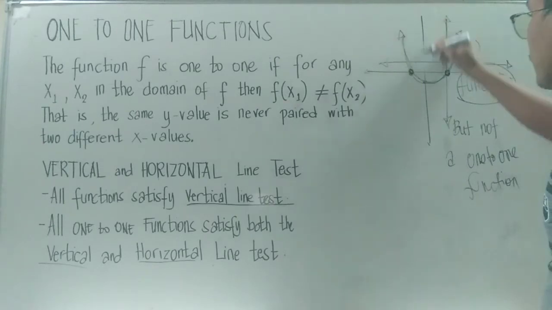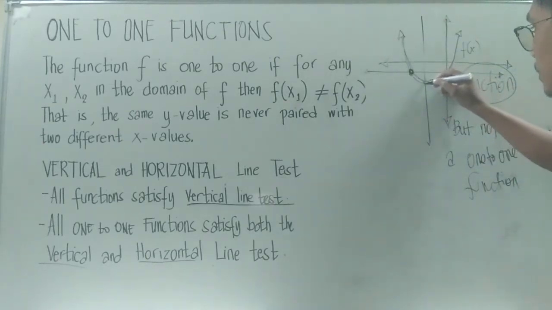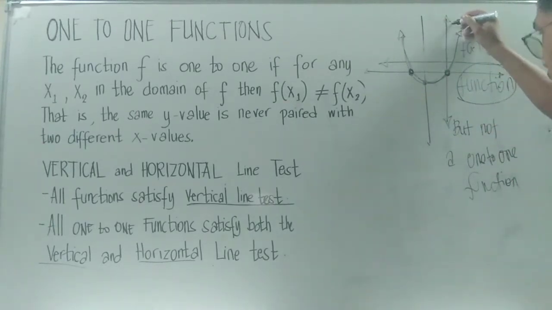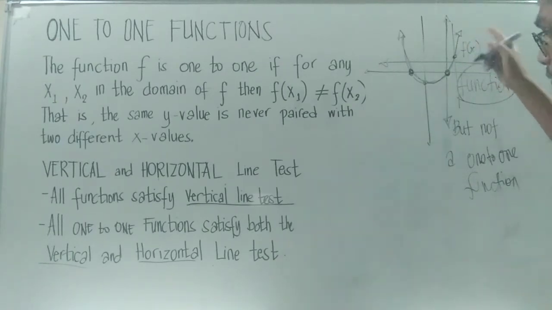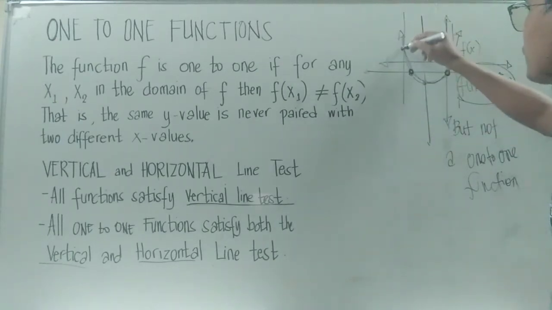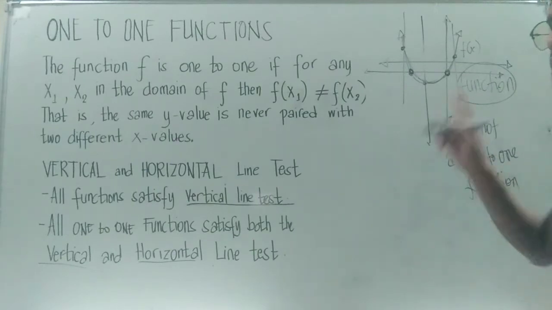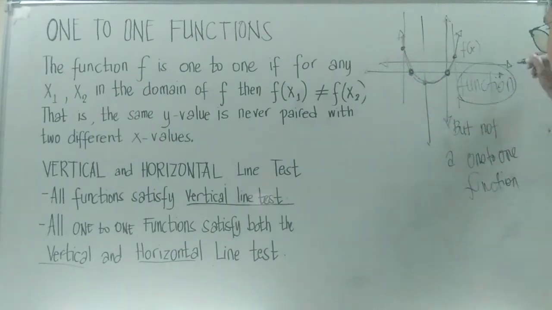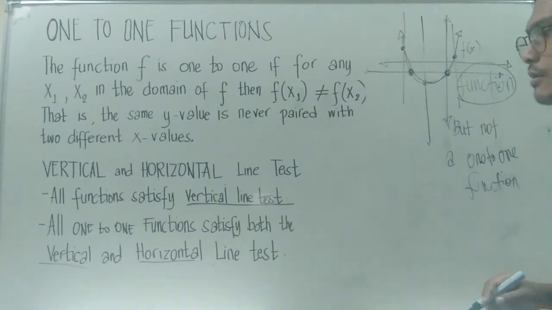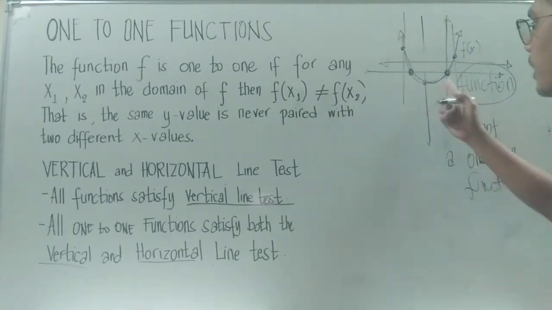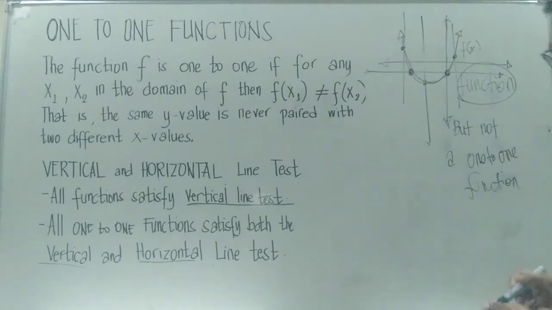For example, this vertical line test intersects at only 1 point, but the horizontal line test intersects at 2 points. So it is a function but not a one-to-one function.